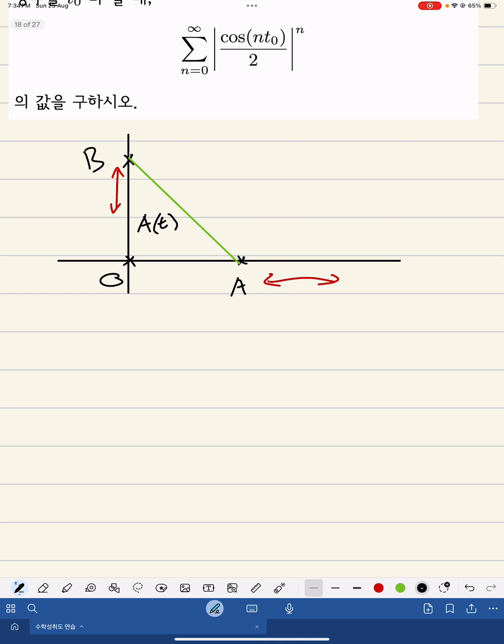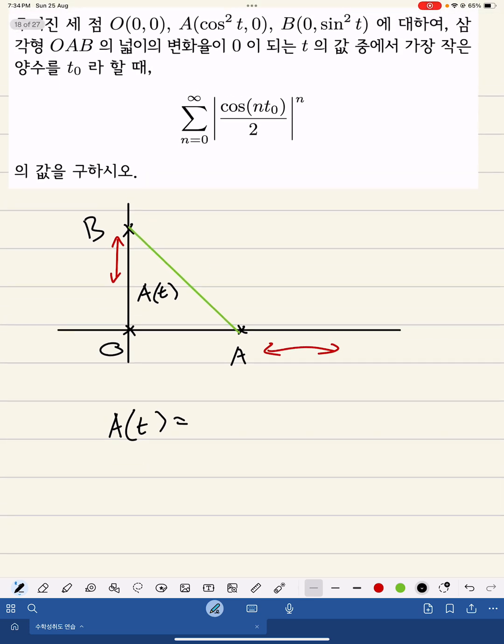So let's find out A of t. A of t is base times height over 2. The base, which is cosine squared of t, times height, which is sine squared of t, over 2.